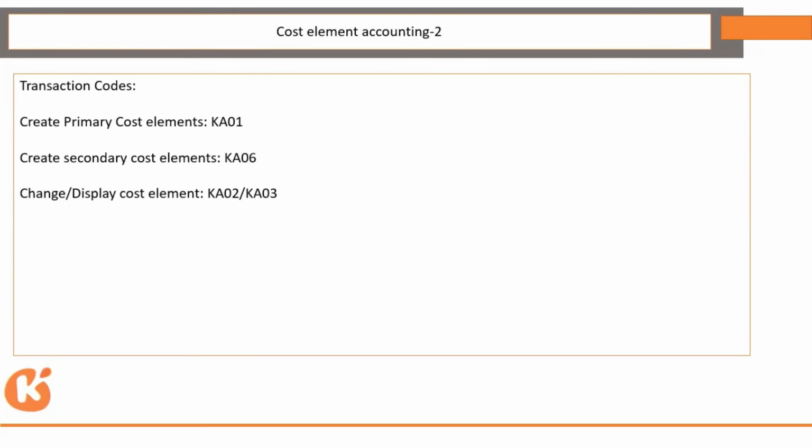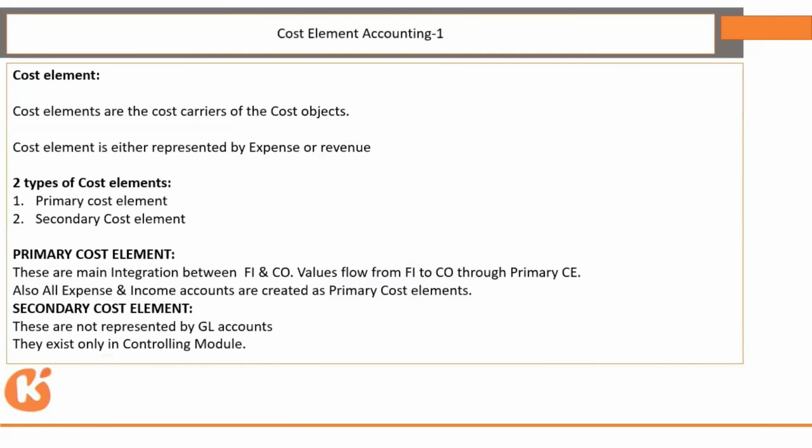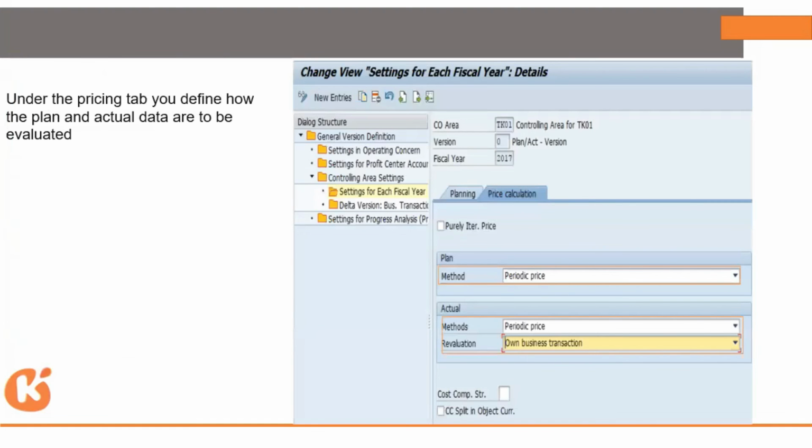Sometimes we get a requirement to change the cost element names, and we make sure that we change it accordingly using the different transaction codes. So this kind of requirement also comes up.